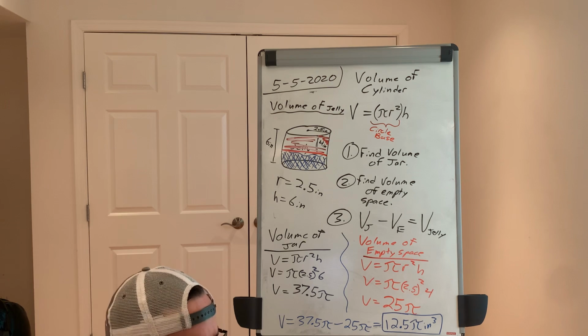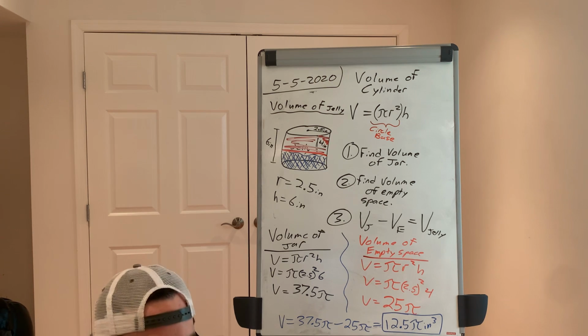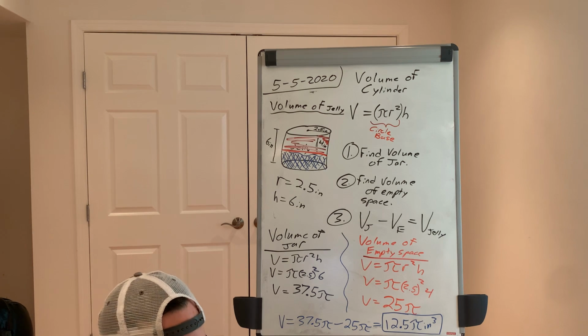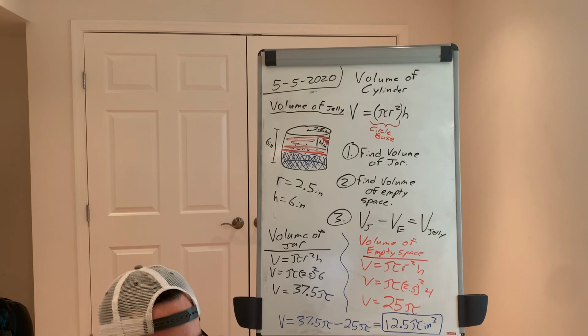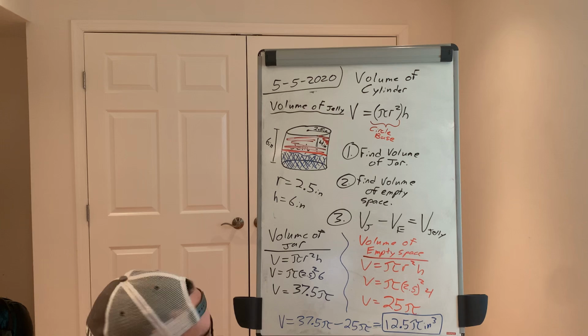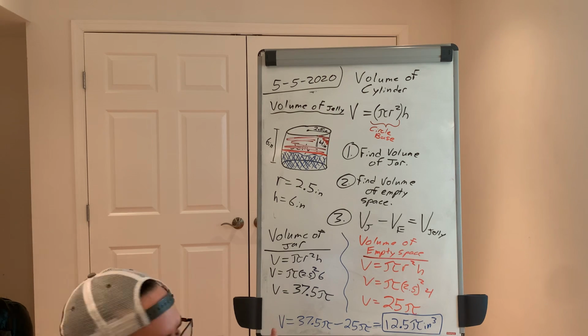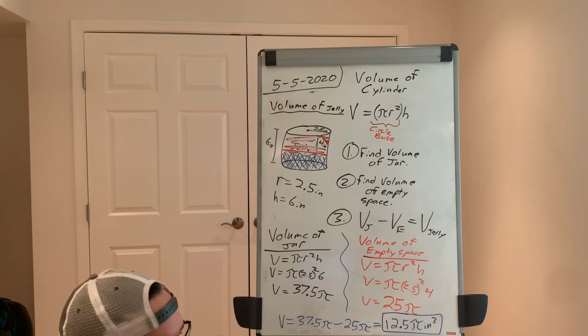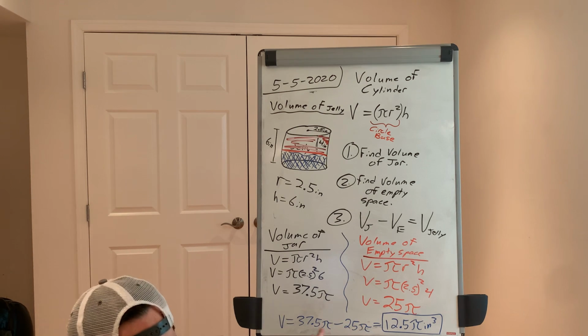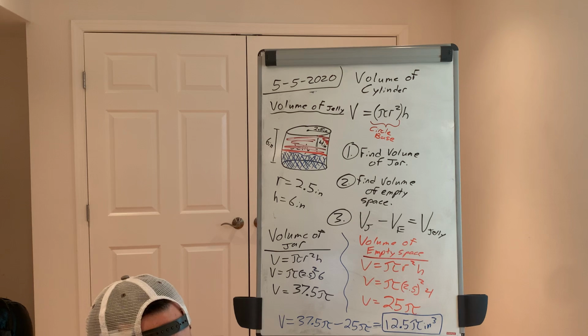Only when you're combining terms with like variables, think of pi as a variable, you don't cancel the variables, you just keep the variable the same, all right? And you just subtract the coefficients, in this case 37.5 and 25. So 37.5 pi minus 25 pi equals 12.5 pi. And then I just tack on inches cubed because it's volume.